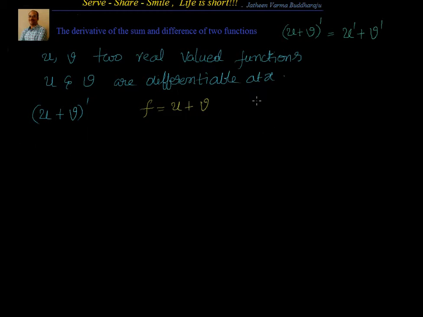The definition is: limit h tends to 0 of f of x plus h minus f of x, divided by h, is equal to f dash of x. That's the definition of the derivative.